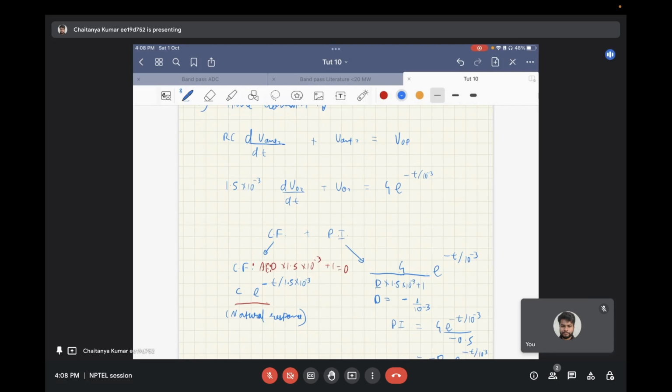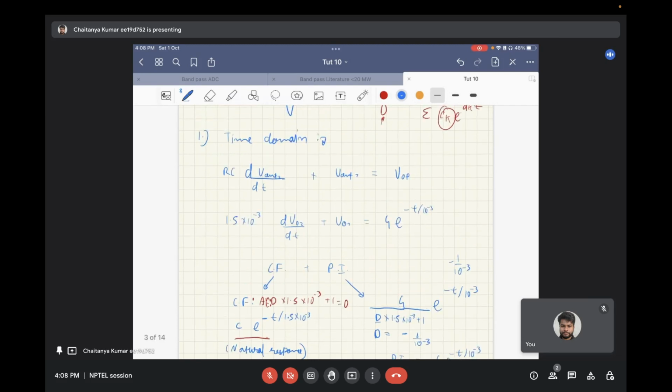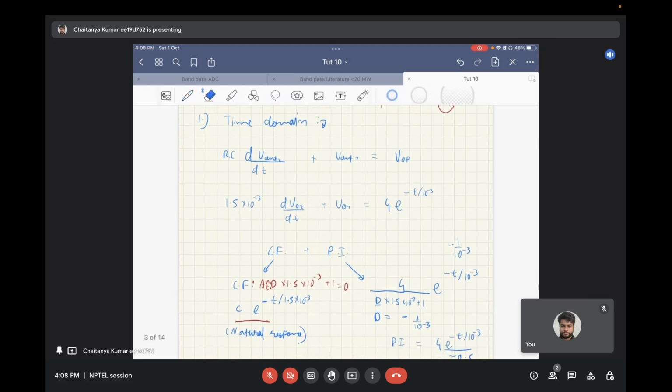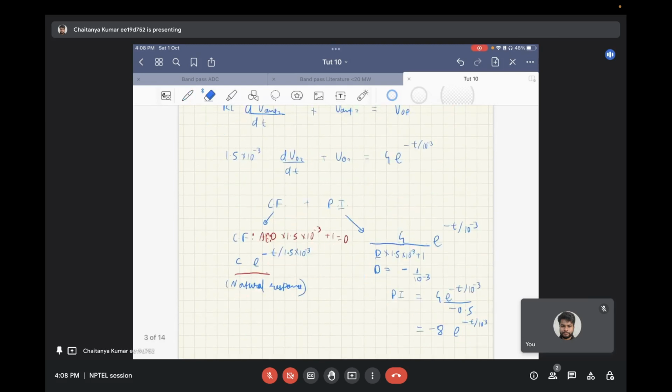In this case, that coefficient is minus 1 upon 10 to the power minus 3. That is the time constant of the previous LPF, which was at the input of the non-inverting amplifier. So you replace D by this, and from there you get the particular integral as minus 8 into e to the power minus t upon 10 to the power minus 3.